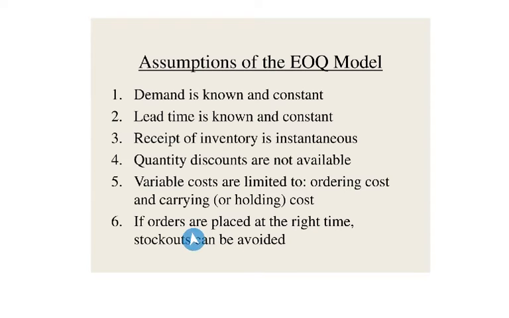So what is meant by stock outs? Stock outs is if you ran out of stock. So you want to avoid stock out. So we are saying that if we place the orders at the right time, then we won't run out of stock. So these are the assumptions underlying the economic order quantity model.